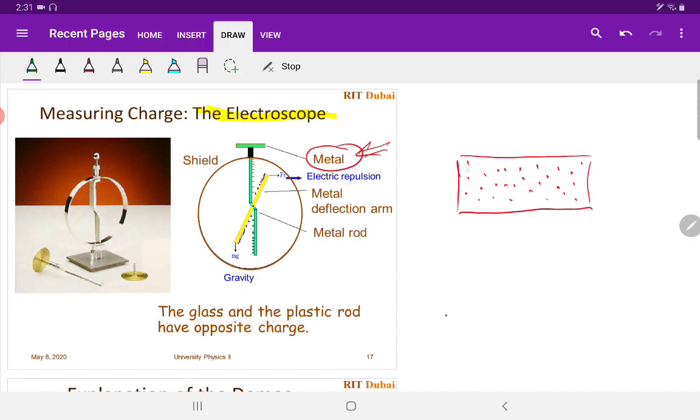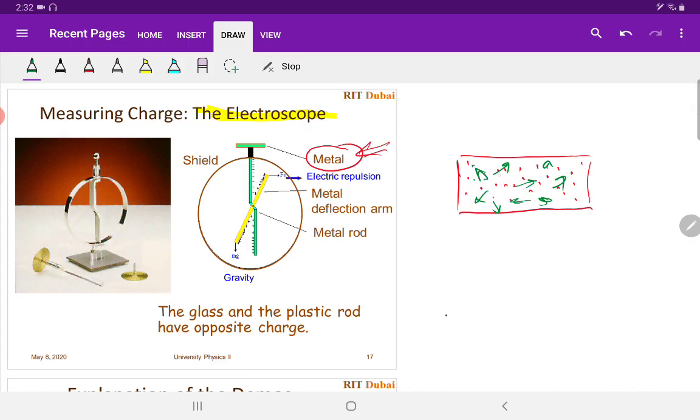The electrons of this material are not strongly connected to the atom, and these electrons can jump from one atom to another atom. That's why at room temperature these electrons are free, and they are moving around like the air molecules inside the room. We know there is air, and the air molecules are moving around. So you can think of the electrons in the conductor, or in the metal, as air molecules moving around inside the room.